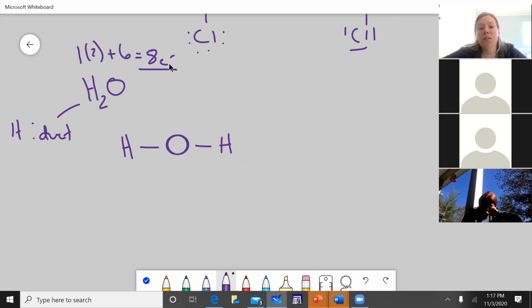So I've got to find a place for these other electrons. Well, oxygen is not happy yet. So I'm going to put 2 electrons here, and then I can put 2 electrons here. So what I've created now is a Lewis structure where there are 8 electrons on the board, check. Each of my hydrogen has access to 2 electrons, and my oxygen has access to 8 electrons. So everyone has satisfied their octet and or duet.